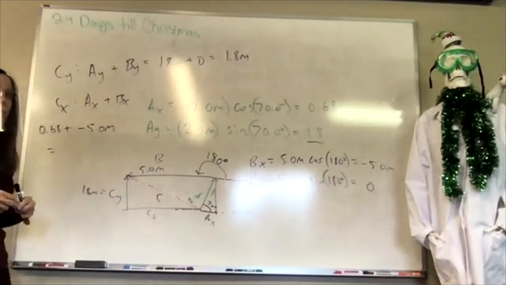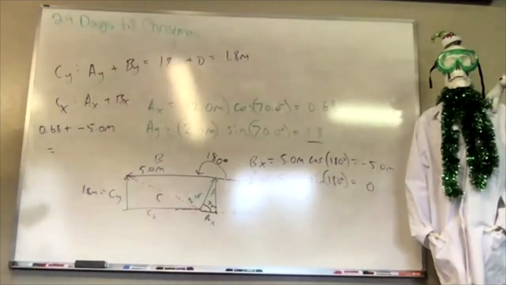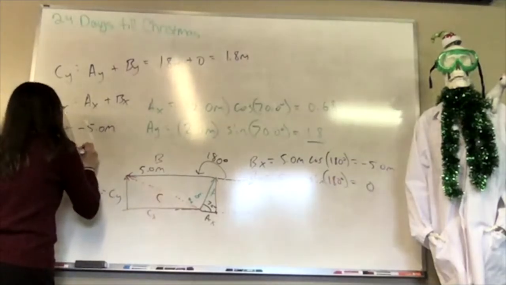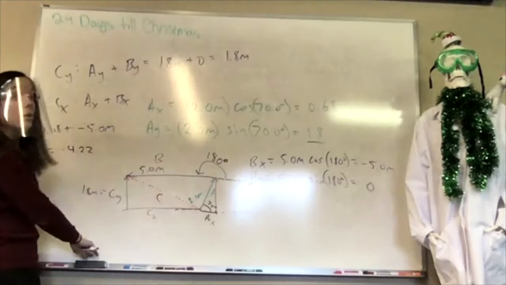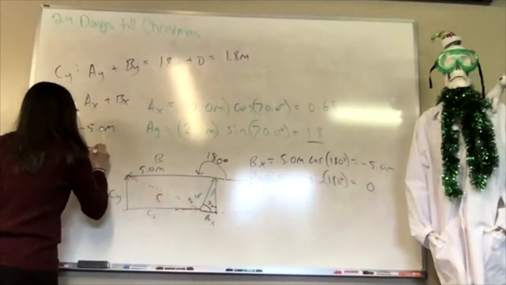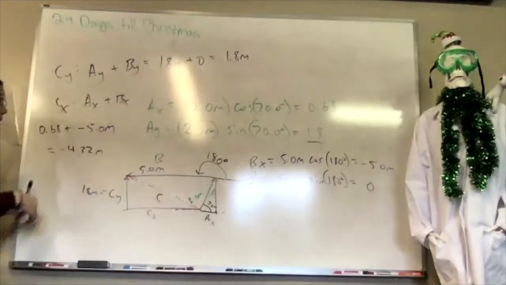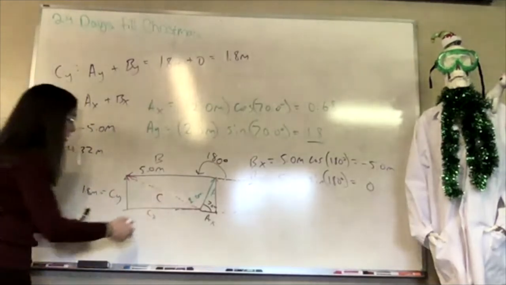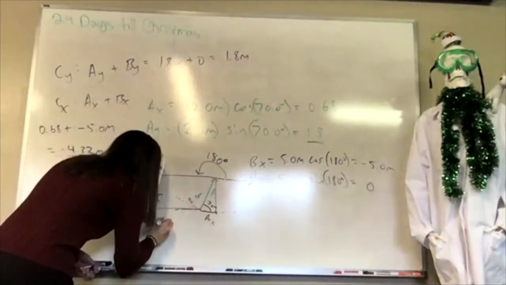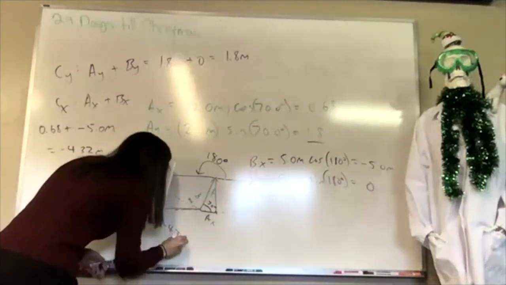What does that give you? -4.32. Okay, so your net effect: C of X is equal to -4.32.